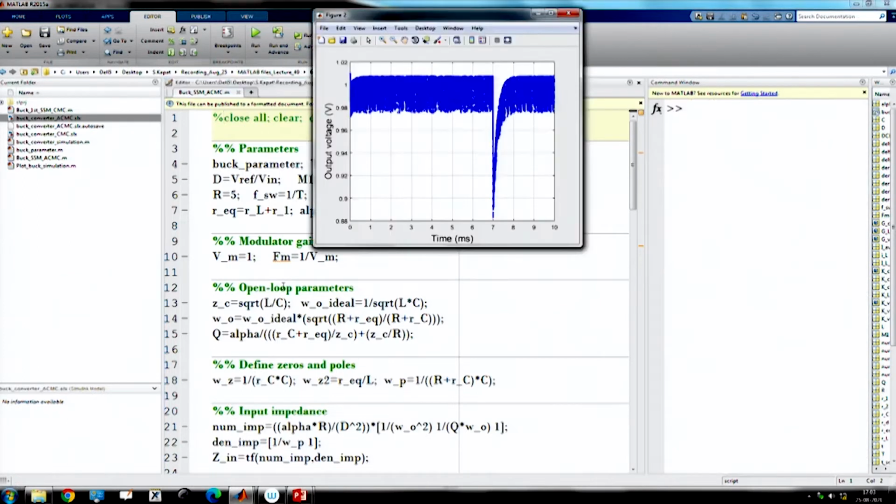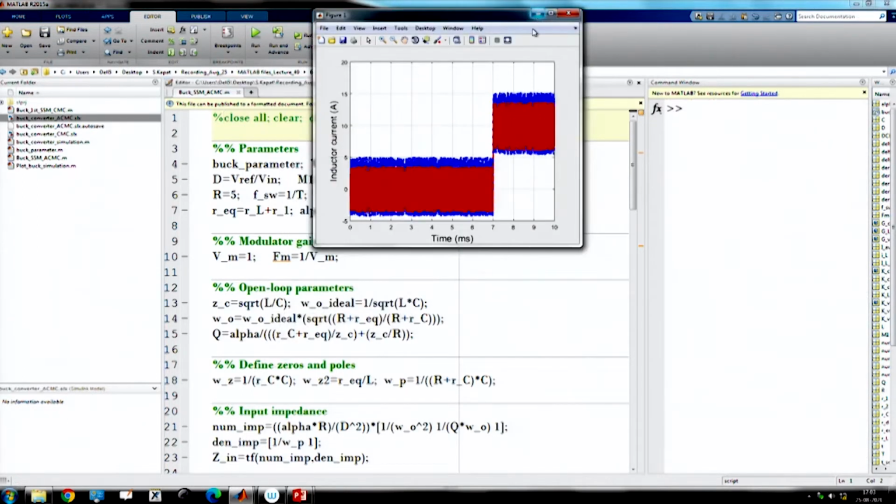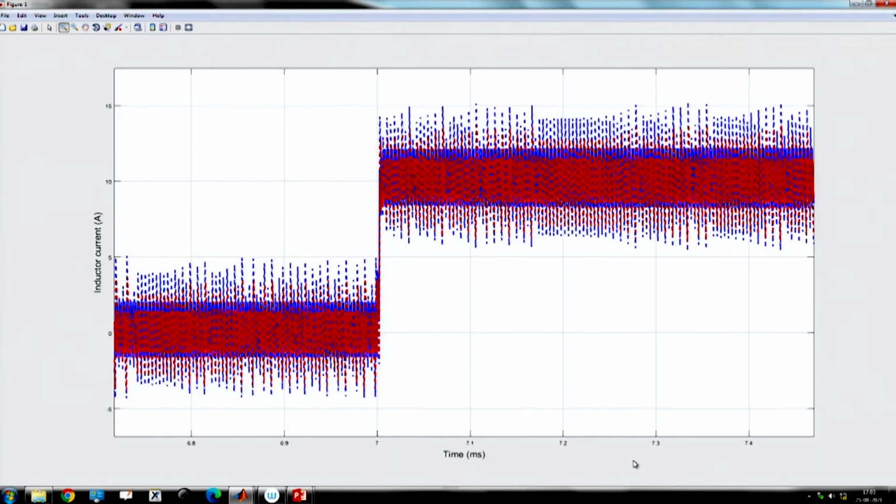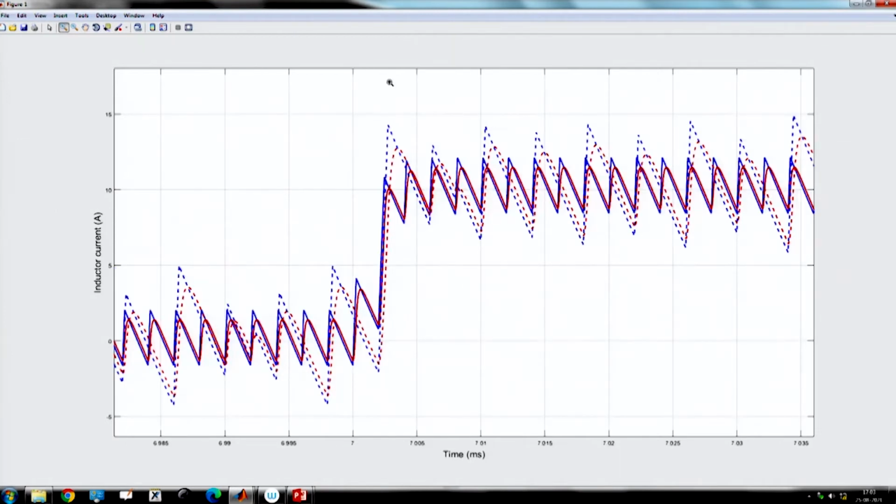Okay. So, what I am trying to say, still it is unstable, because I have set the voltage loop bandwidth to be almost 1/6 of the switching frequency, 1/5 to 1/6.